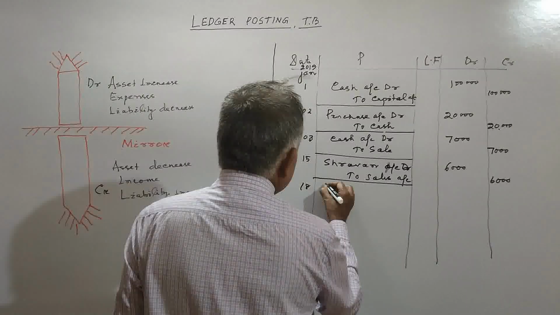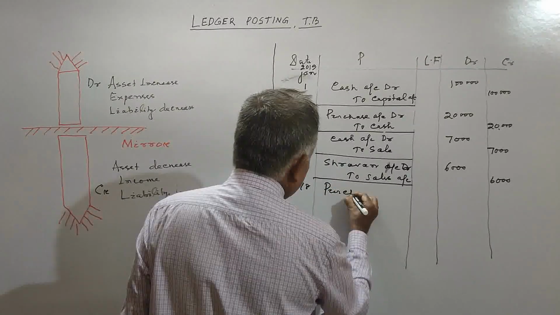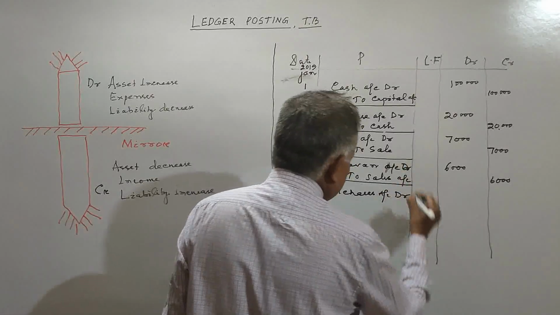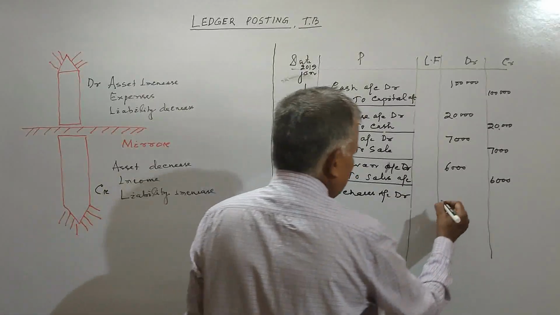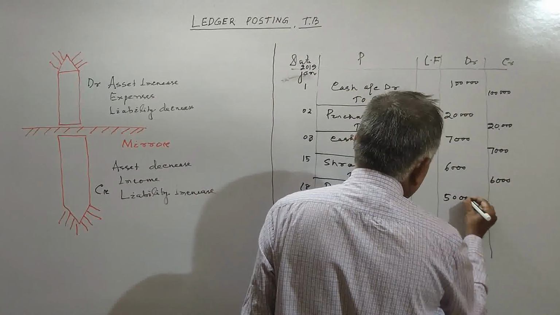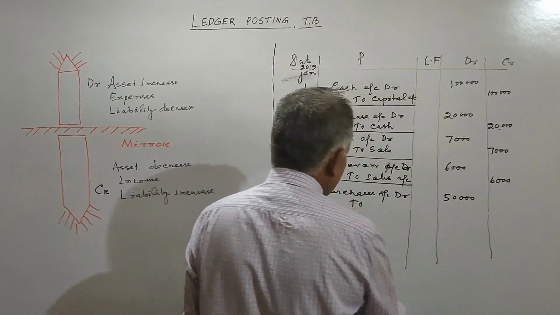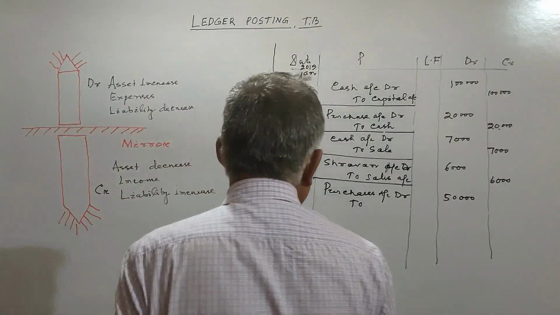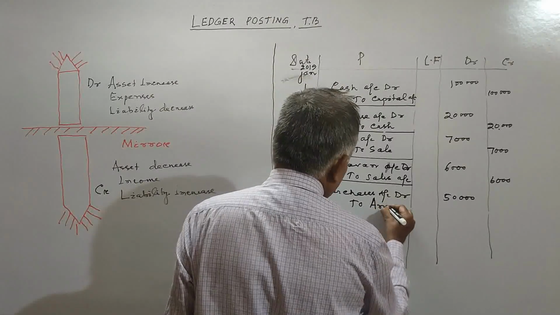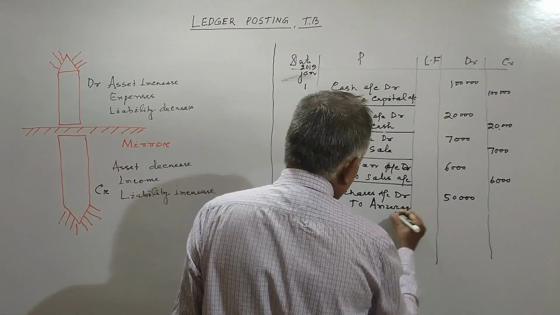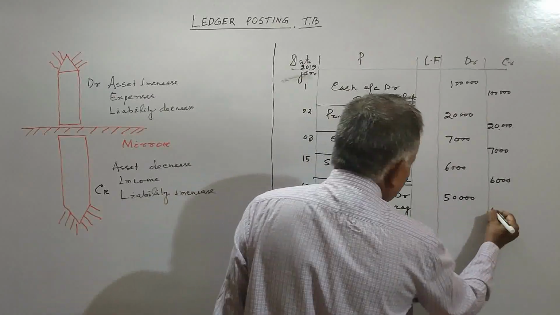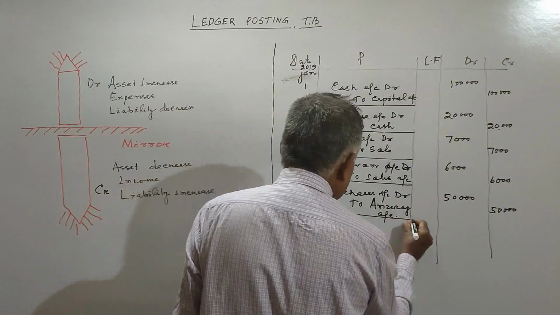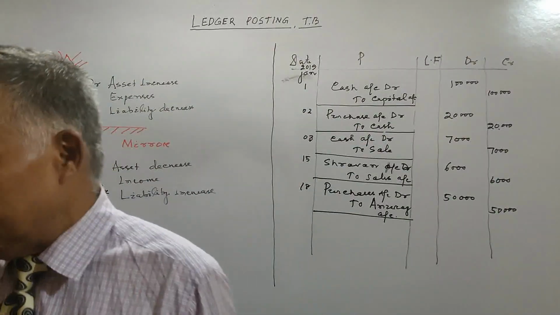So purchase account debit 50,000 to Anurag account 50,000. This is your credit purchase on 18th.